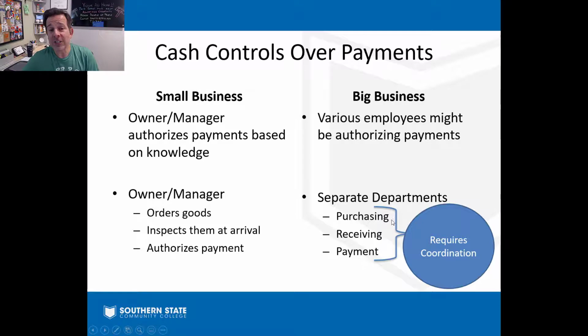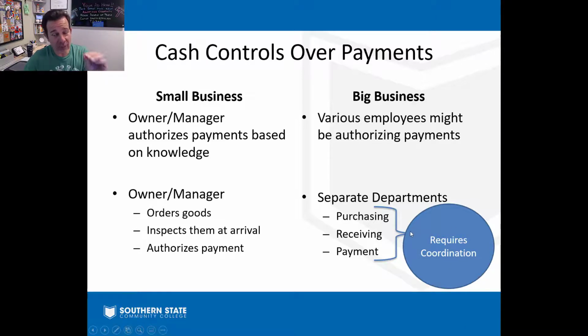We may have a receiving department responsible for making sure those orders are correct when they come in. And then we may have another department, the accounting department maybe, or the treasurer, who's making the payments for the invoices. And of course, when you have different departments and different people, there's a coordination that has to go on there. And we have to have some kind of electronic or paper trail to coordinate the activities of the various departments.